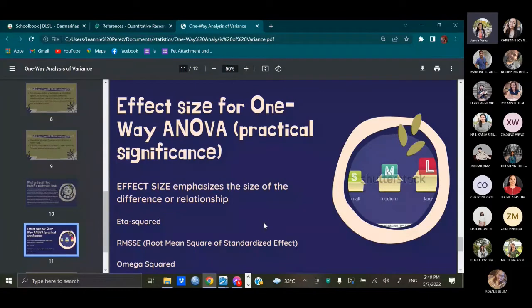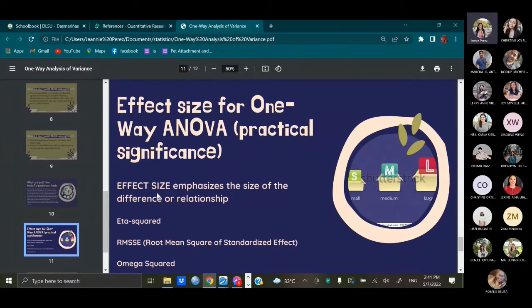Then aside from the post-hoc test, we also compute for effect size, which is also available in RealStat. The effect size is what we call the practical significance, because we are not only contented with knowing whether the difference is statistically significant, but we also want to know how much the difference is. How big is the difference between these two that are being compared?